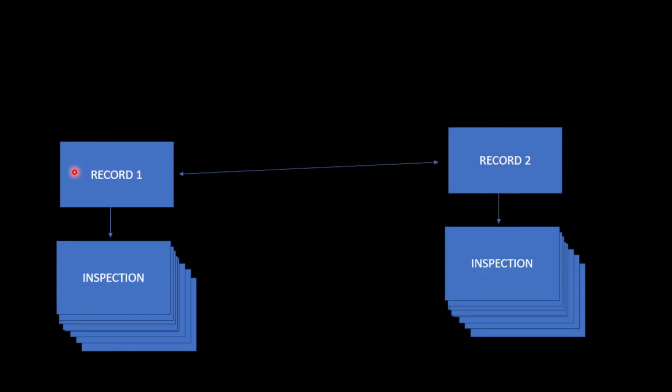So what's really neat about this, though, is you can get two records or two permits and relate the two permits to each other. So, for example, if you have a facility with multiple permits, you can indirectly relate them to each other, just like this.